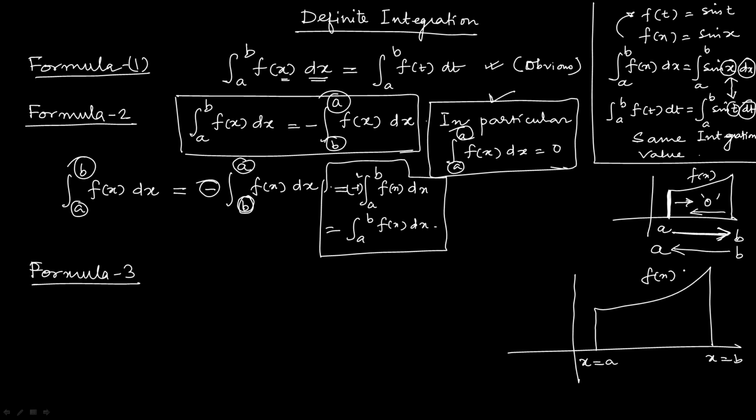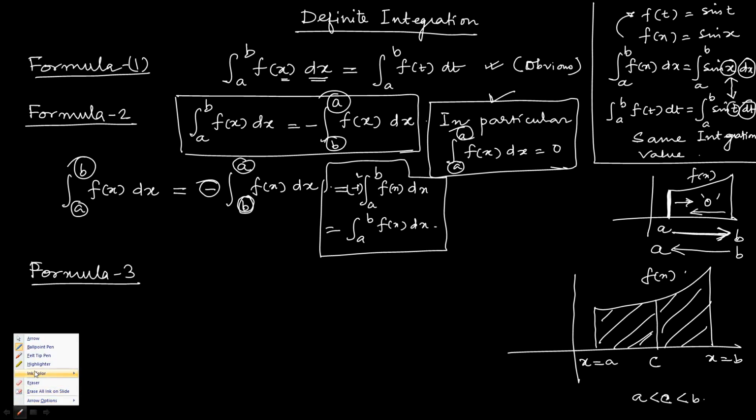I can choose any point c in between a and b, where a is less than c, less than b. So obviously the area up to that part is the integration a to c f(x) dx. Right or wrong? First of all, this area and this area, the sum of these areas will give the total area.